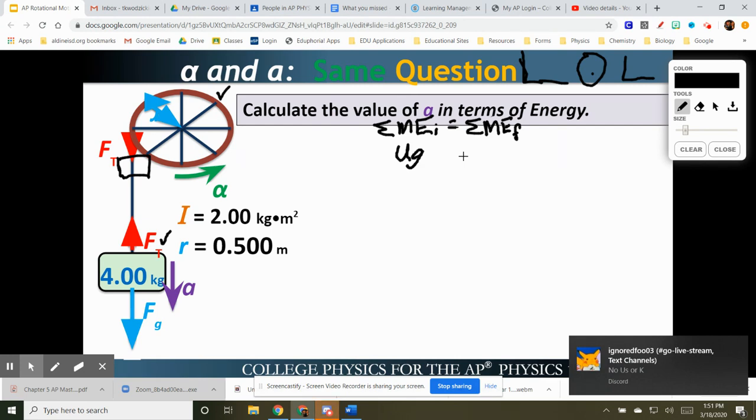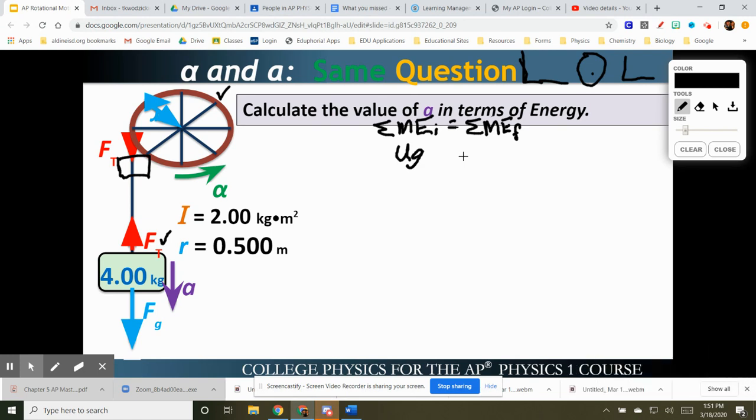We don't have spring potential, and we don't have any kinetic energy initially, because I said that the wheel is still and so is the block. So the only energy that we have initially in the system is the gravitational potential energy in the block.